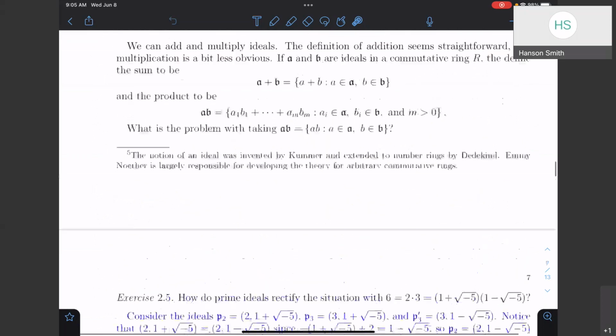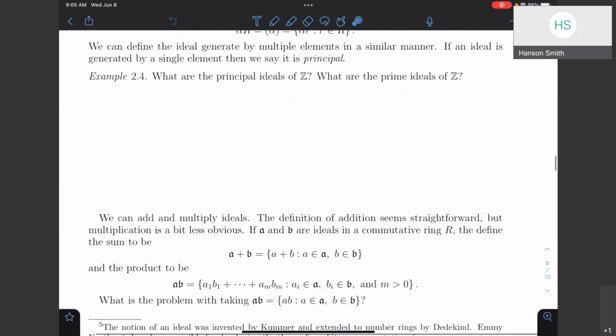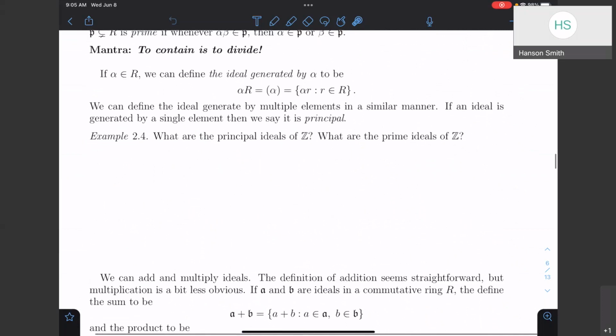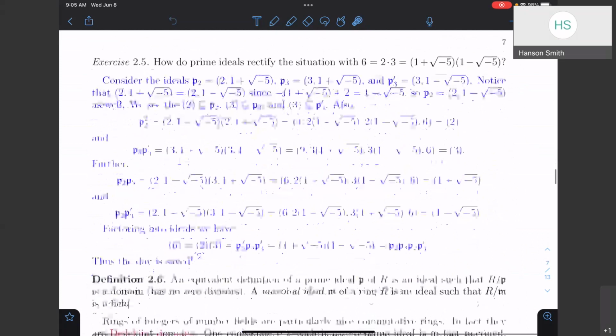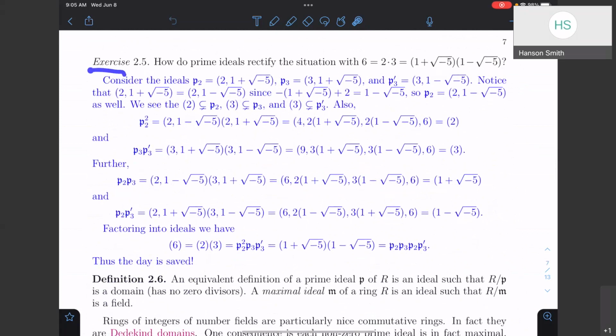So my plan for today was to dig a little deeper into ideals and talk through this computation I wrote up yesterday for how ideals end up saving the day.